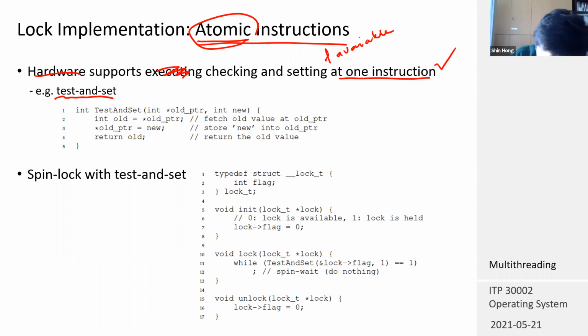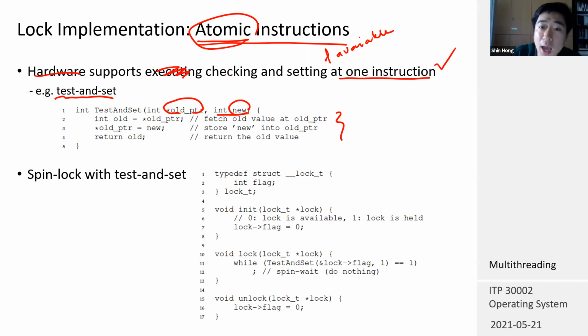Check this one. Note these codes are pseudocode for describing the behavior of the computer architecture. It doesn't mean that test and set is translated into these instructions. Check this one. It receives a pointer, the address of a variable, and also it receives a value.